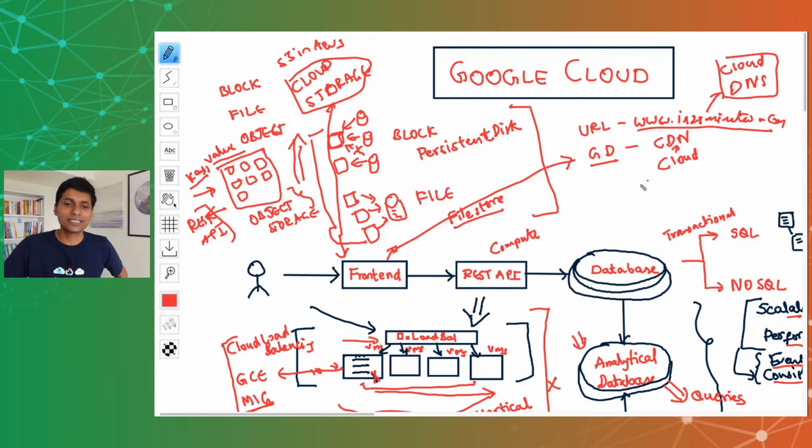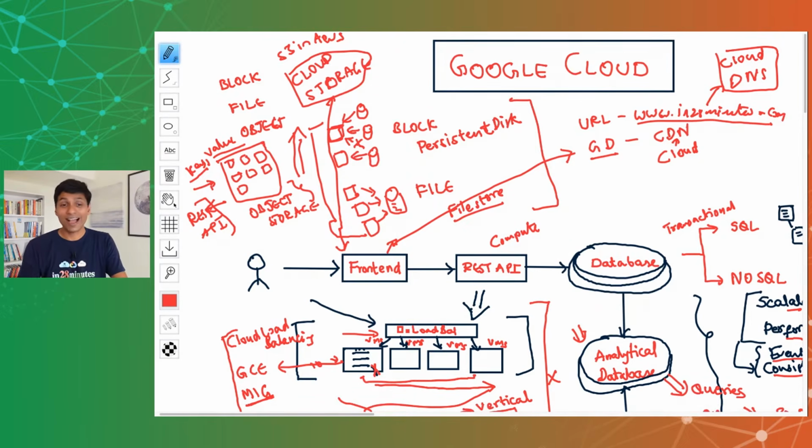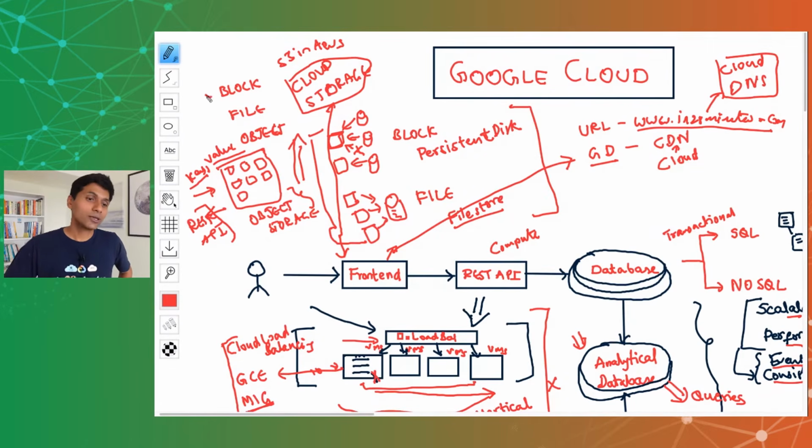So Cloud CDN is the service to distribute your content across the world so that users from around the world get low latency. So what we are looking at right now are some of the important services related to storage. We talked about block storage, which is to create hard disks, file storage to create file shares, object storage to be able to upload and download objects using REST API, and also to expose a static website.